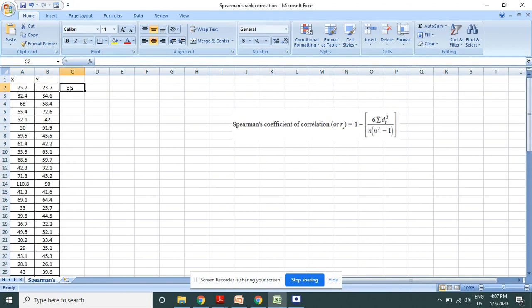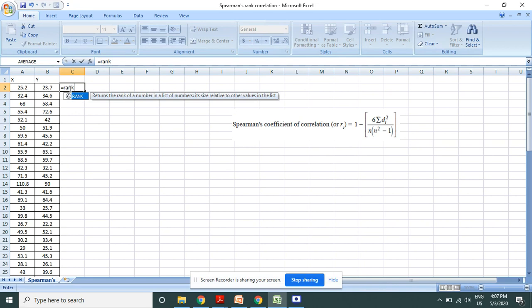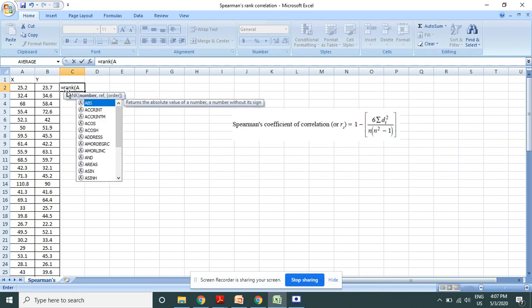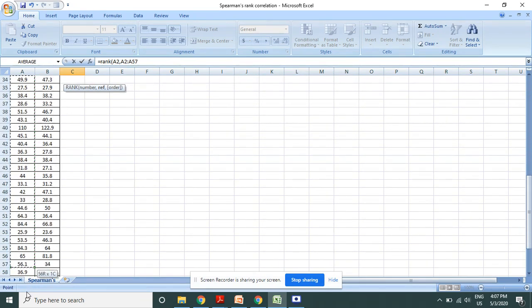Now we have to use one command, rank, and we have to find the rank of the element within the whole array. So we have selected this one.